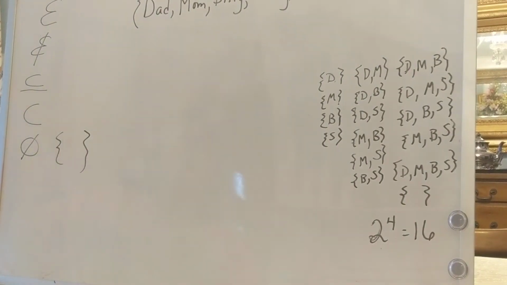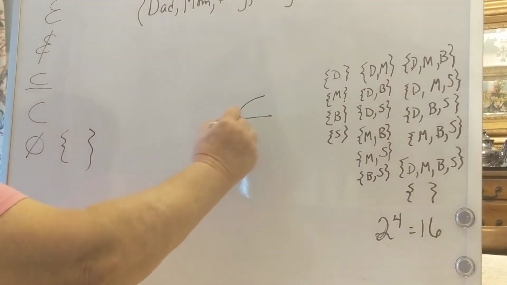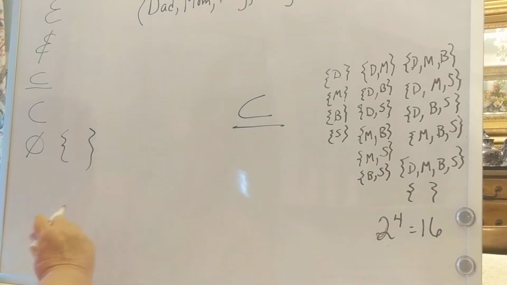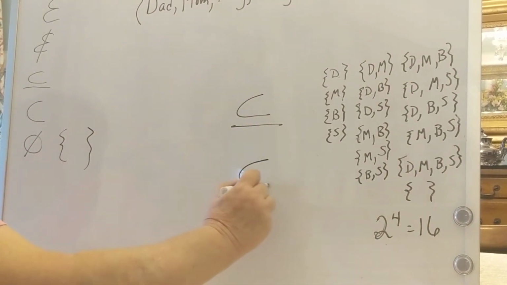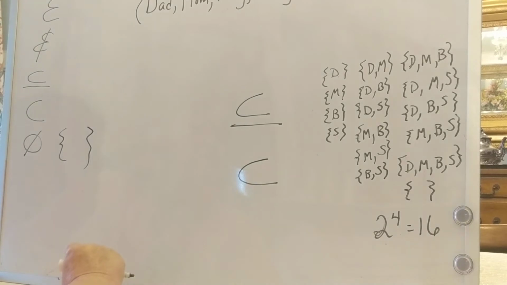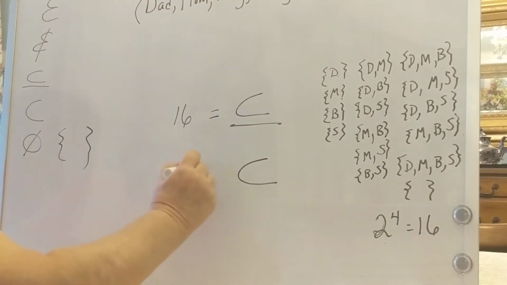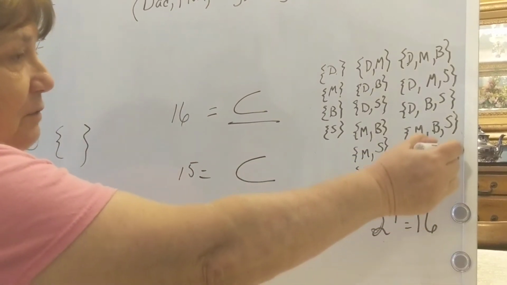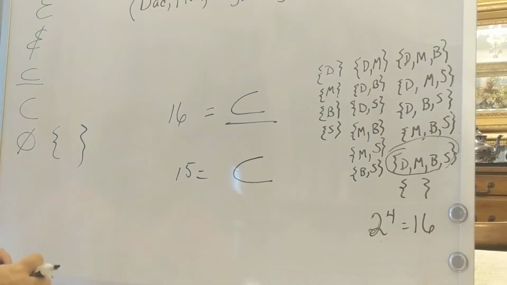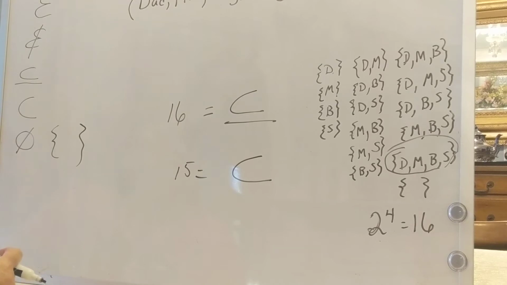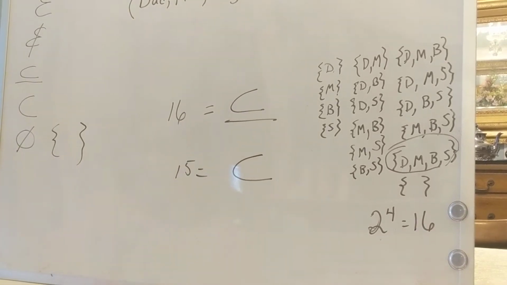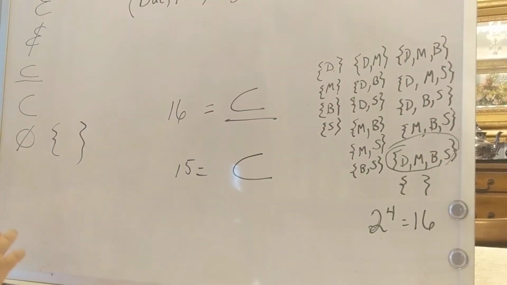All of these are subsets. All of them. For proper subsets, that means there are 15 of them. I have to leave out the one with all 4. It cannot be equal to the set itself. So I hope that kind of clears that up for you a little bit.